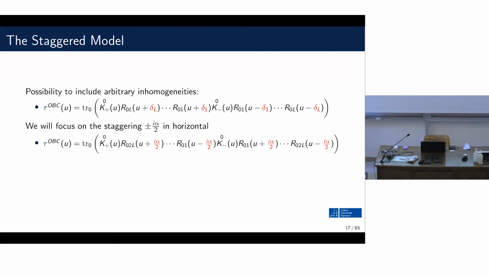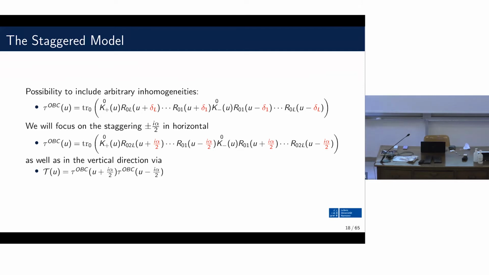So we have here on the even sites a plus i alpha/2, and on the odd sites, minus. So this was in the horizontal direction. We will do the same in the vertical direction by multiplying two of these transfer matrices together with a shift in the spectral argument.